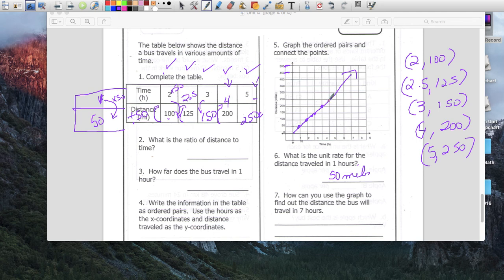So there's something weird with this graph. 1, 2, 3, 4, 5, 6, and 7 should be this one. So these numbers here at the bottom are all wrong. That's 1, that's 2, that's 3, that's 4, that's 5, that's 6, and that's 7. Yikes.